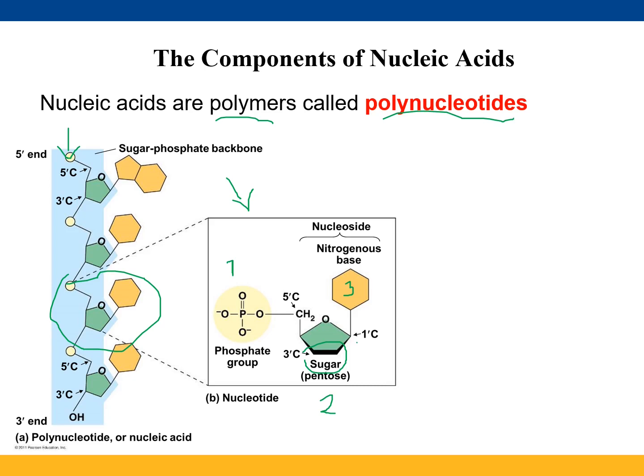And the nitrogenous base is attached to the carbon number 1, and the phosphate and the pentose sugar are attached at the carbon number 5.